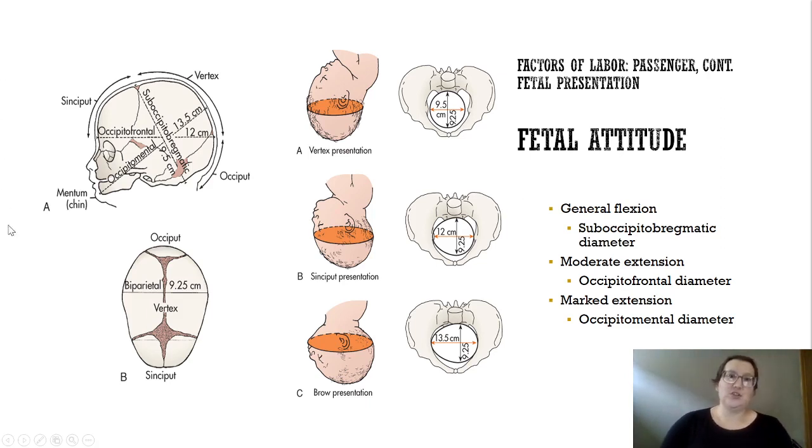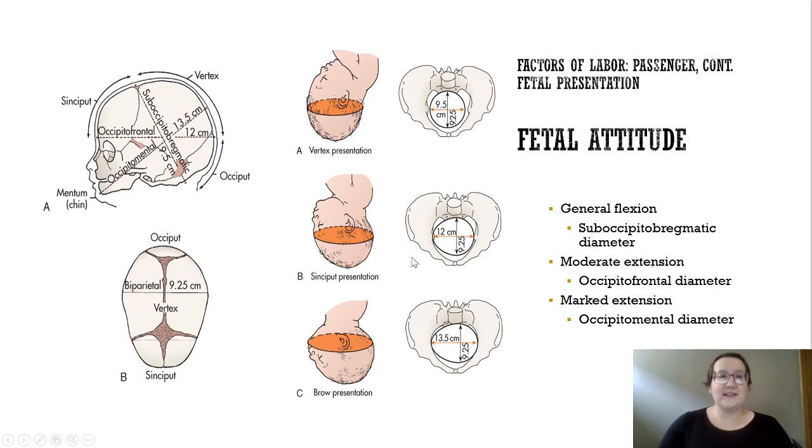So as I mentioned, it is so key during those cardinal movements of labor for the head to twist and turn through the birth canal so as to have a successful delivery which causes the least amount of trauma to mom and to fetus. So one of the things that we talk about is their attitude. Okay, and all I can think of is Gru from the Minions, who gets that little head wagging into it.